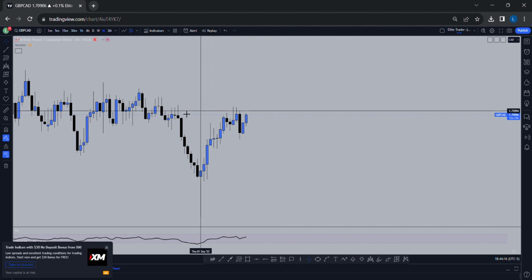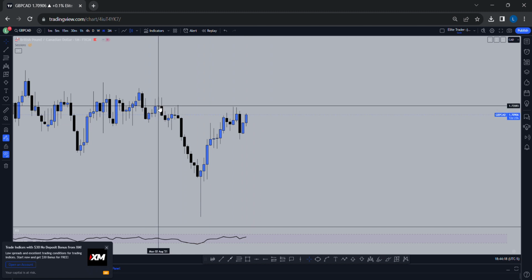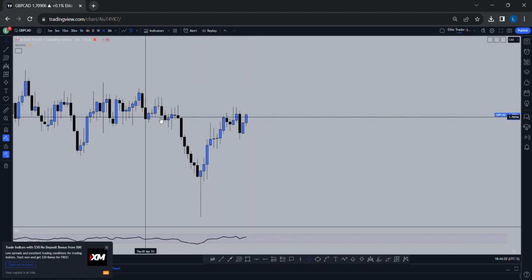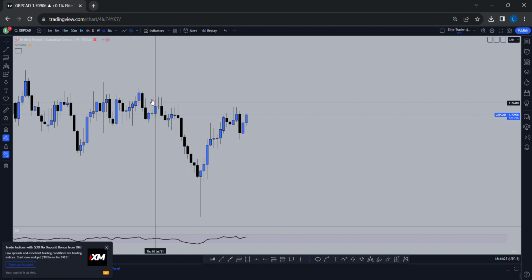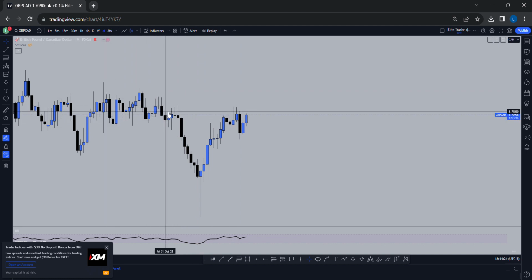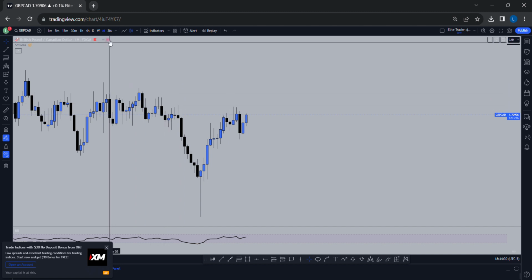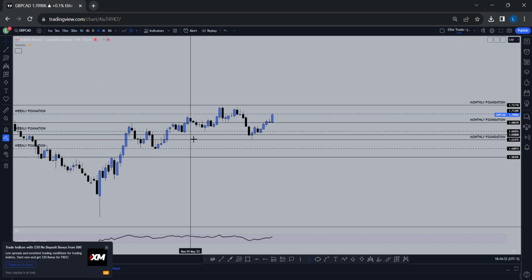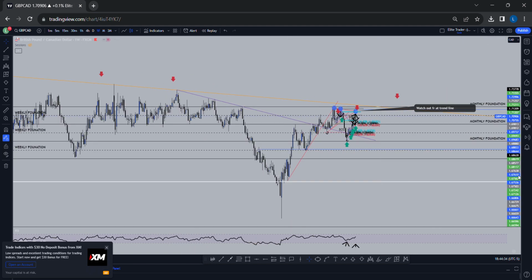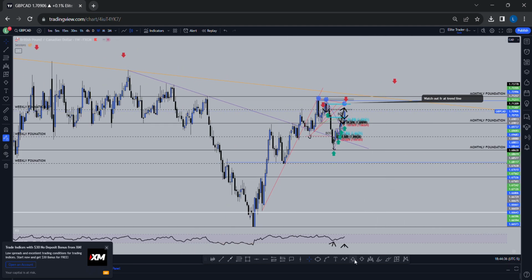But again, as you can see, when you look at the left, we do have some form of indecision at this particular level of 1.7200. So looking at the weekly market structure, we did print out these highs, lows, lower high, lower low, lower high, lower low.